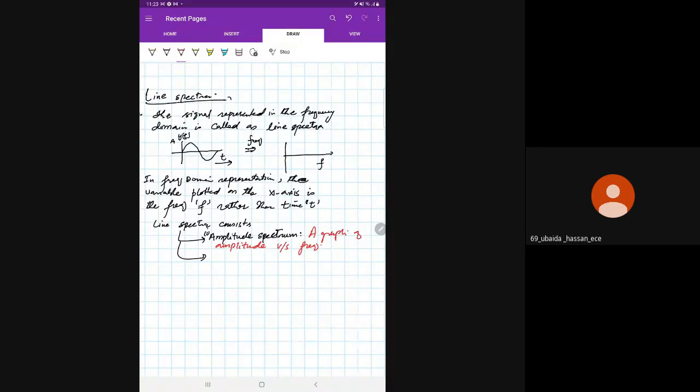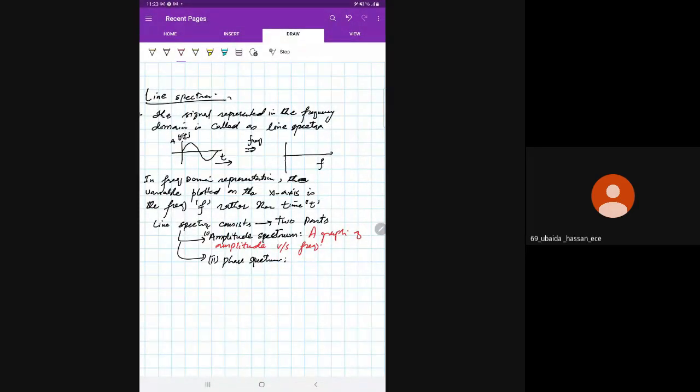What is the second part? Line spectra generally consist of two parts. One is the amplitude spectrum, another is the phase spectrum. The second one is known as the phase spectrum. What is the phase spectrum?